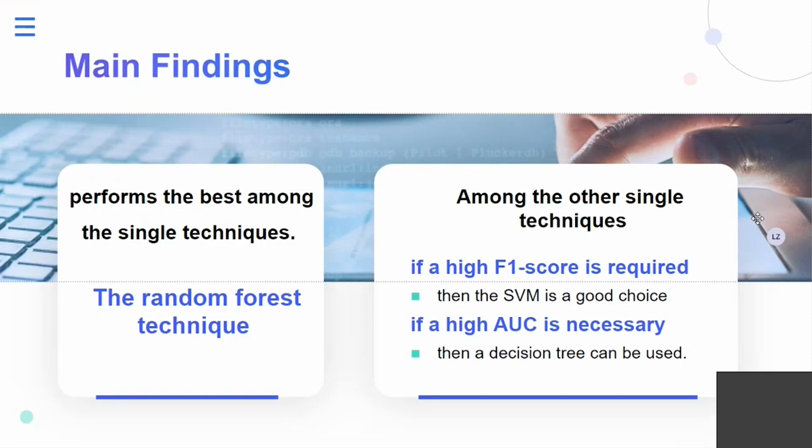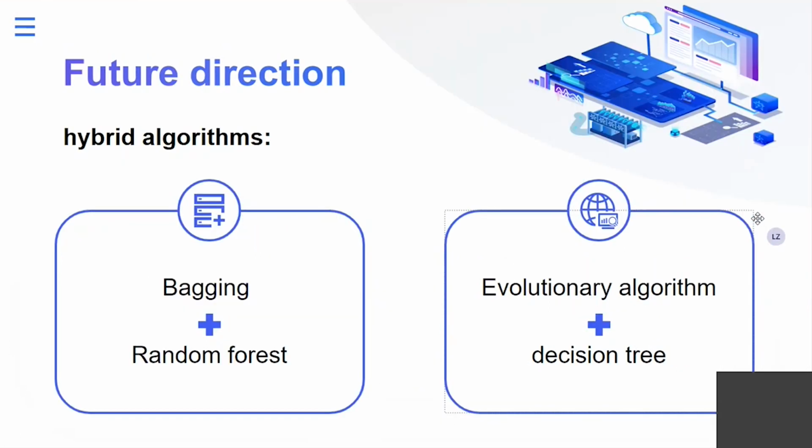To sum up the main findings, the random forest technique performs the best among the 6 techniques. Among the other single techniques, if a high F1 score is required, then the SVM is a good choice, and if a high AUC is necessary, then a decision tree can also be used.